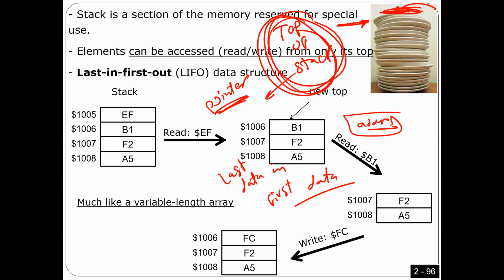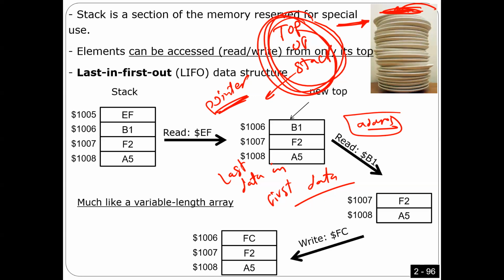For example, if this is my stack here, the top of the stack is here. If I want to read, now it should be here, so I'm going to read this one. It should be here automatically, right? If I want to write, it has to be here. If I want to write more, it has to be here.